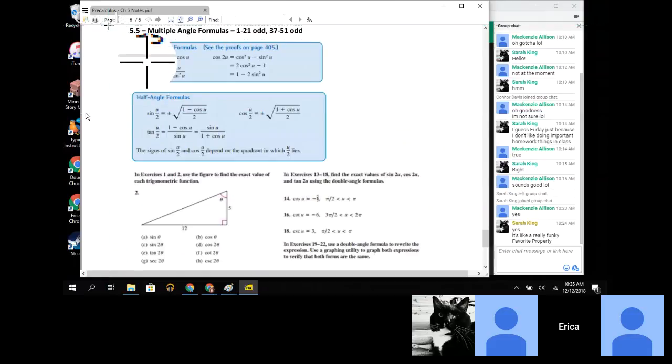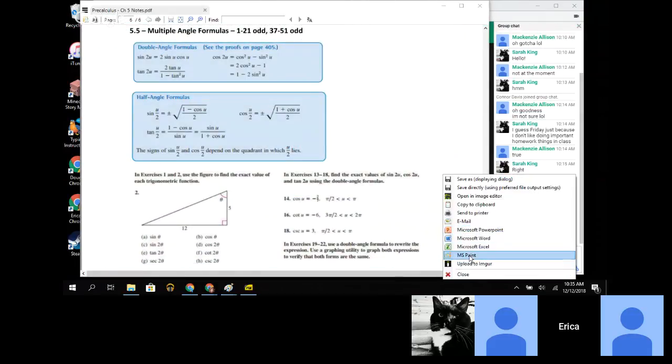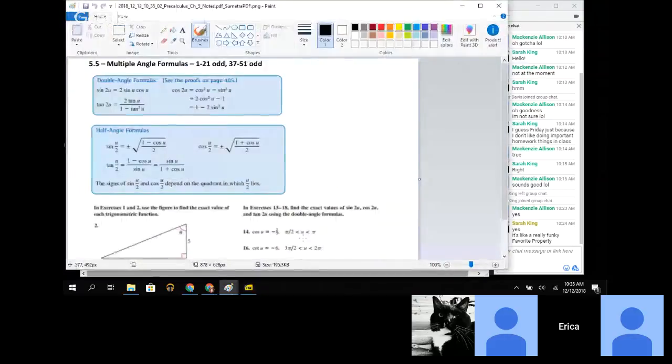So if one is you want to find the exact function, okay, great. This is a different way you can find a property. This is if you have 2 times your angle, you can evaluate it, or if you have half your angle, you can evaluate it.